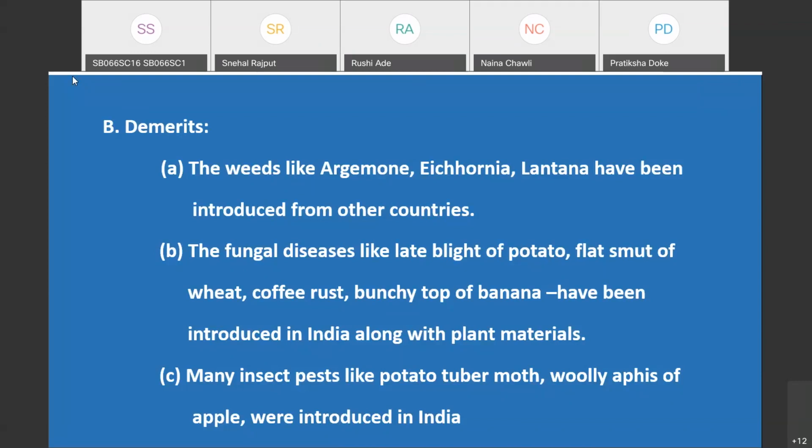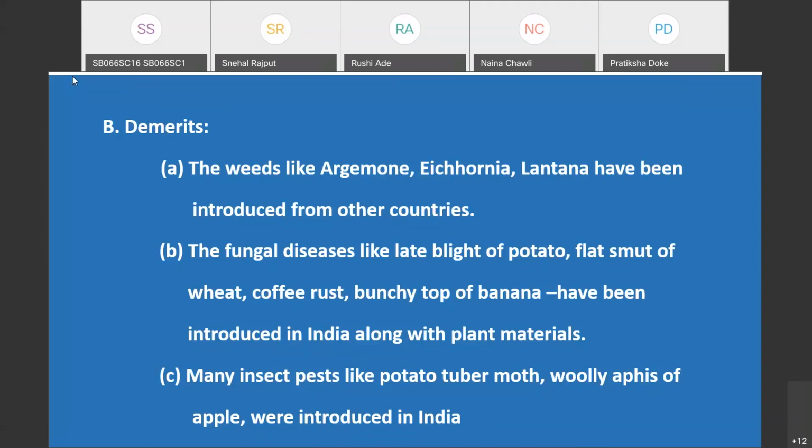to introduce plant material which is contaminated with insect, pest or diseases, because at the entry level these are quarantined and kept separately. Then these are treated with certain chemicals to eliminate the insect, pest and diseases.